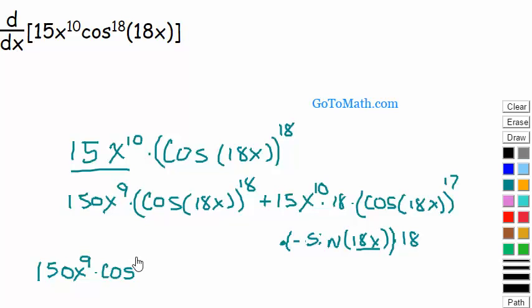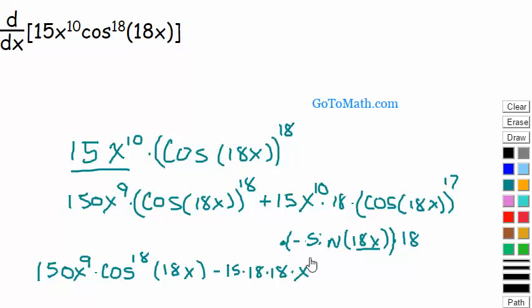Cosine of 18x, we'll go ahead and write it there now. That ought to confuse you. Bring that minus out front. So we have 15 times 18 times 18 is what it's showing here, times an x to the 10th.